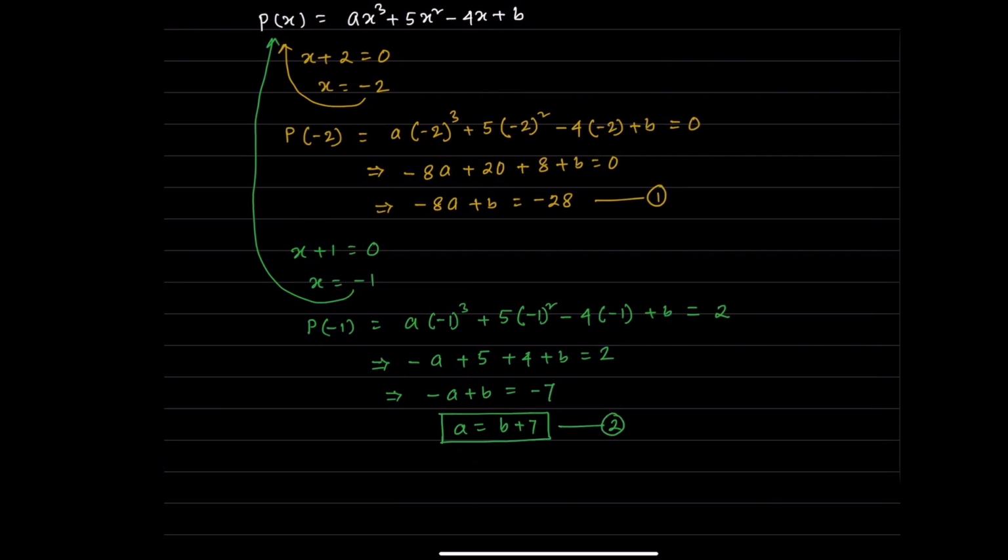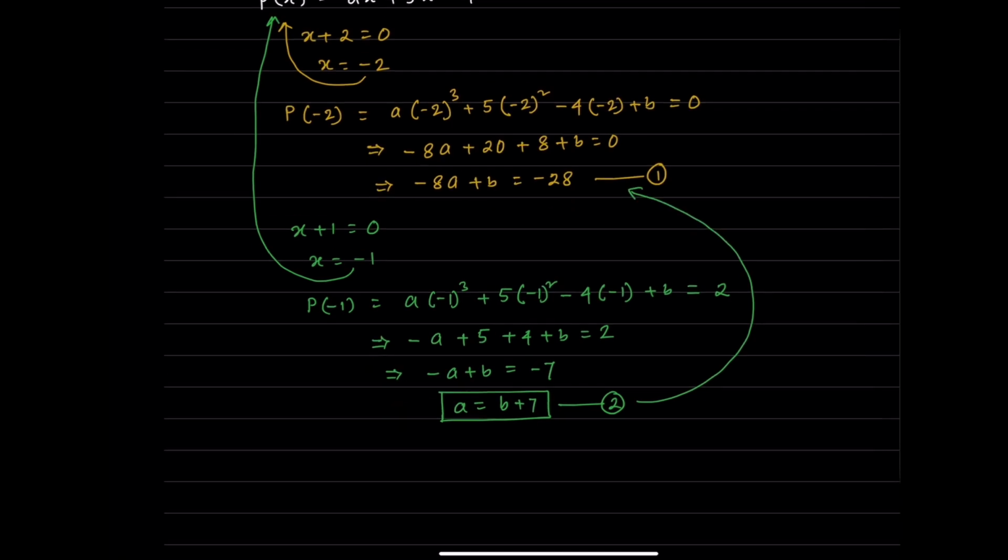From equation number 2, we can put this value of a into equation number 1. So in equation number 1 we have minus 8a, so minus 8 times, where a is b plus 7, then plus b equals minus 28.